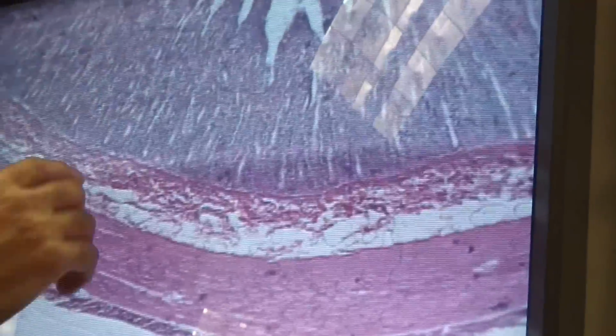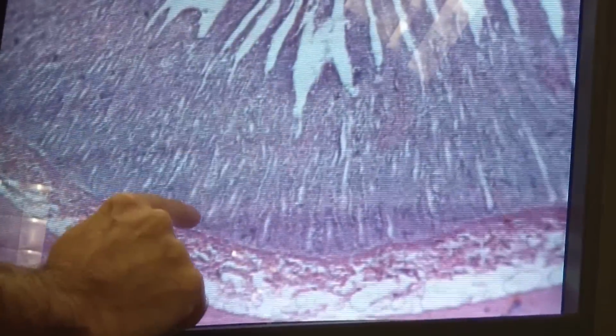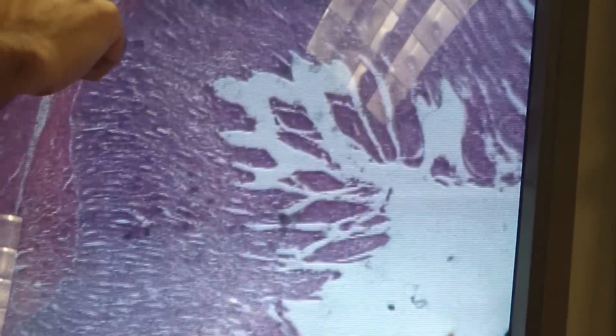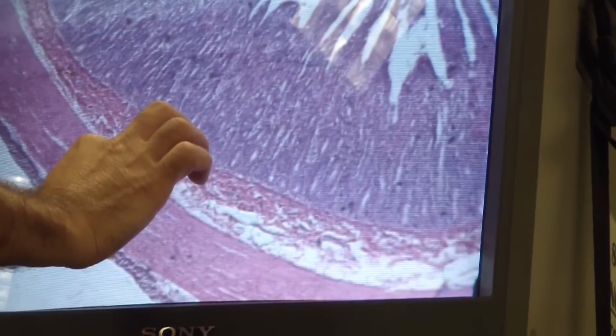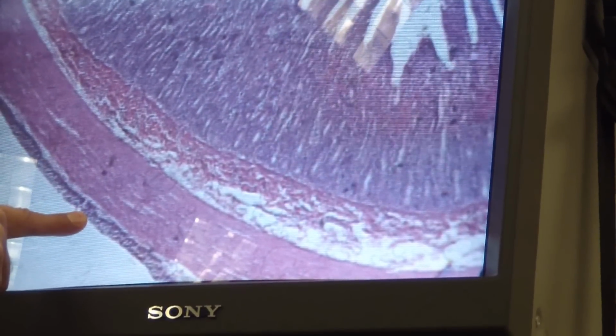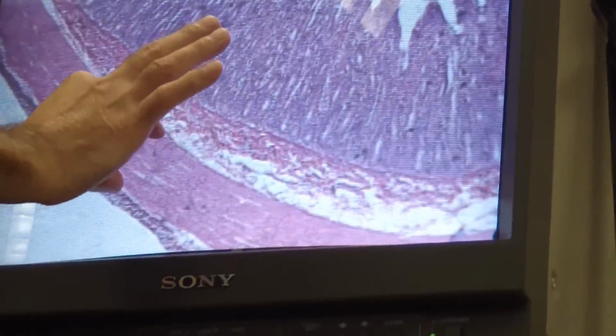So the mucosa, the lumen, the submucosa. If you go all the way around, submucosa. And then this is the muscularis externa with circular and longitudinal. And then that's the serosa or adventitia, where you don't see anything.